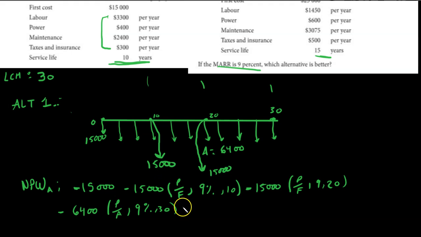And that gives us a value of negative 89,760.